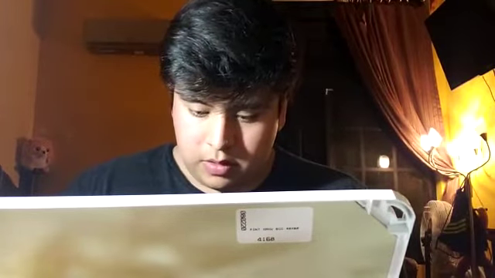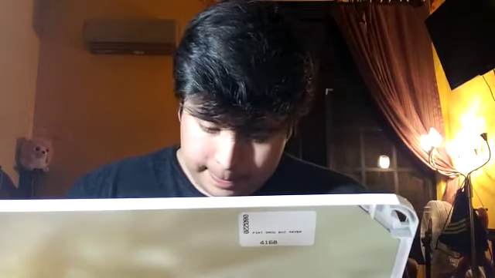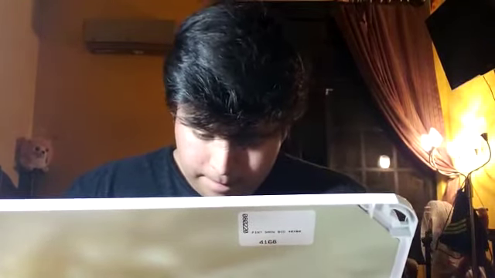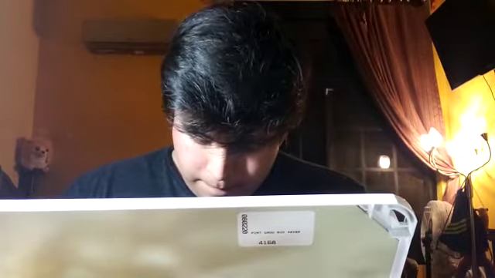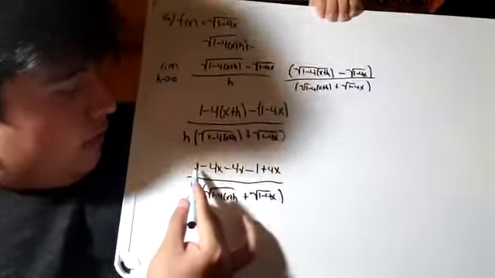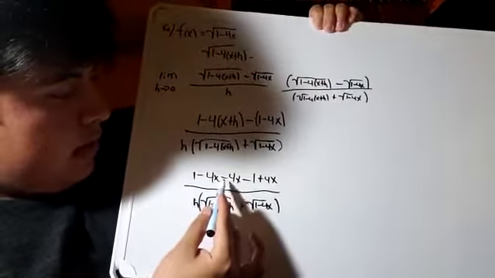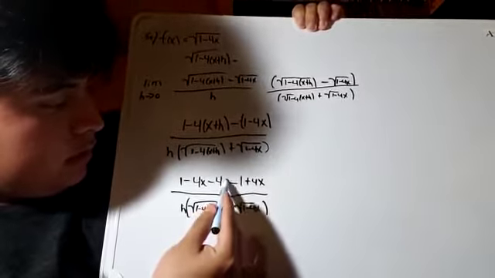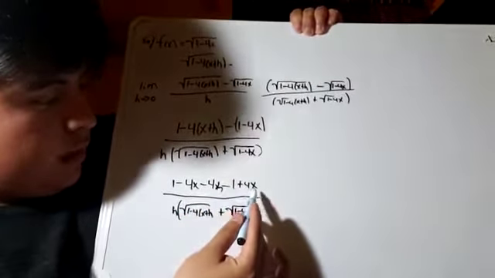Minus 1. So now here we're going to have 1 minus 4x minus 4h, minus 1 plus 4x.